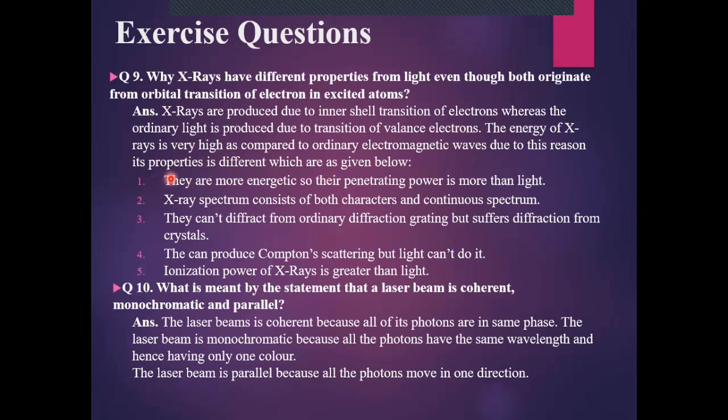So the properties related to this are that they are more energetic, so their penetration power is also higher than other light. X-ray spectrum consists of both characteristic and continuous spectrum. Characteristic X-rays are produced due to inner shell transition, whereas continuous X-rays are produced due to the phenomenon of braking radiation, or bremsstrahlung.